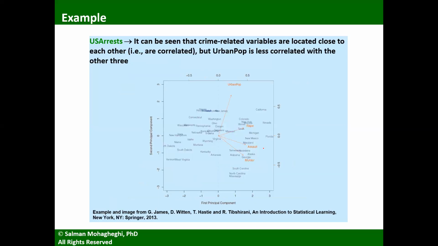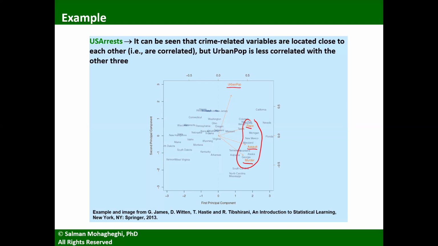Again, this diagram I have got from that reference. They plotted these vectors for murder, assault, and rape based on those coefficients that I showed in the previous slide, as well as urban population. One thing you see is that within this reduced dimension data set, which is two-dimensional now, rape and assault and murder are in the same direction, which shows that those three original dimensions had high correlation with one another.